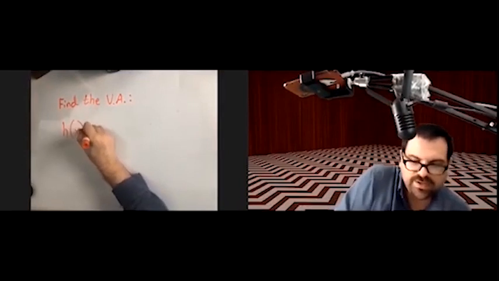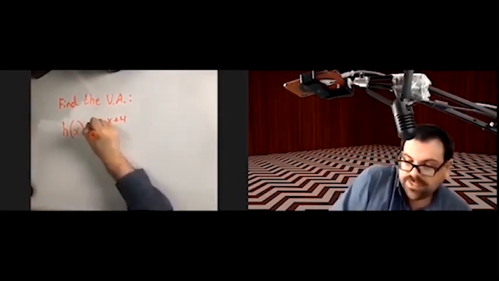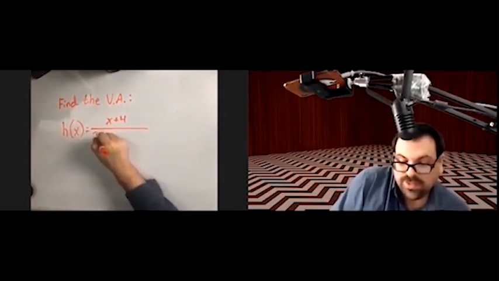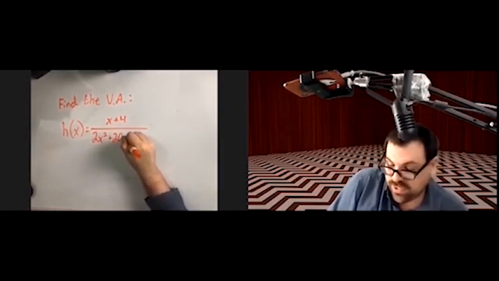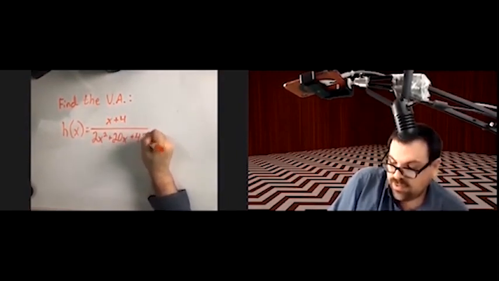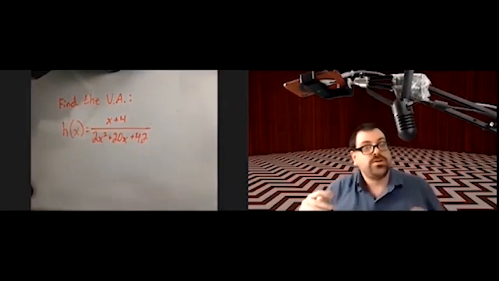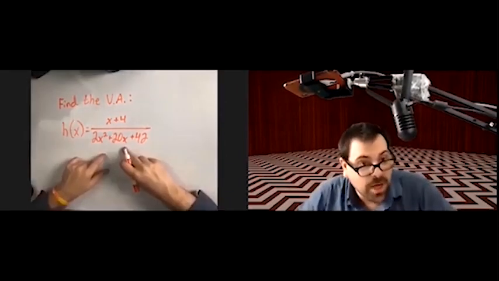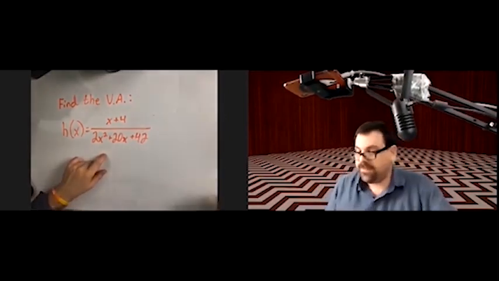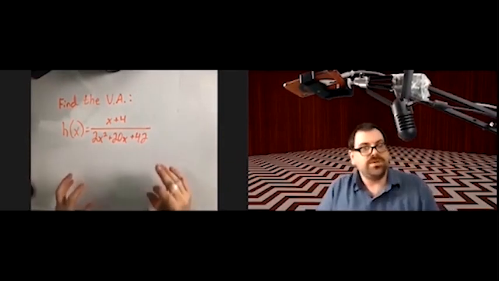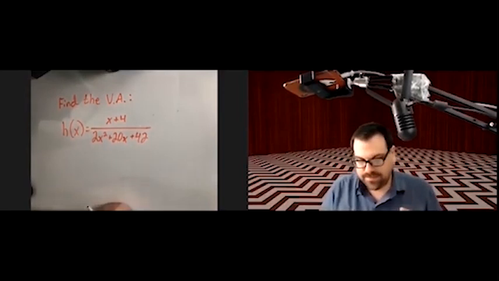H of x equals x plus 4 over 2x squared plus 20x plus 42. So let's factor the bottom. We have to find the places where the bottom equals 0 to find the values we can't have for x.